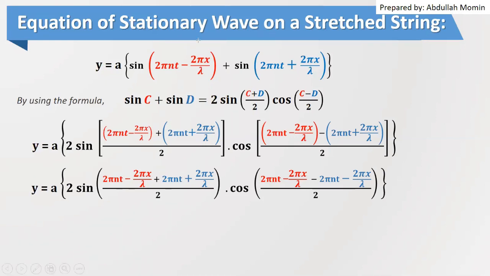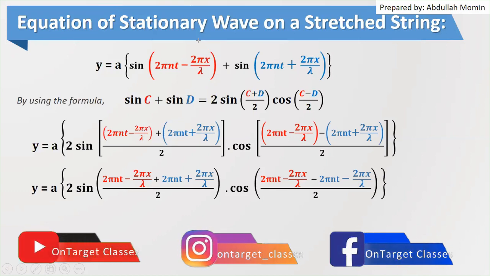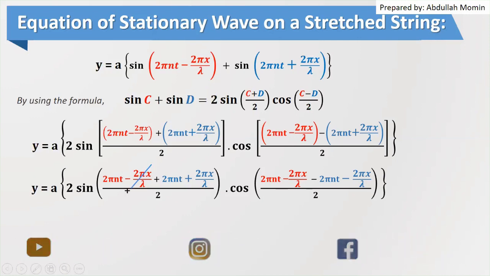Now we are going to further simplify this equation. See what we have got here. This minus 2 pi x upon lambda will get cancelled with this plus 2 pi x upon lambda. And in the bracket with cos, the term plus 2 pi nt will get cancelled with minus 2 pi nt.